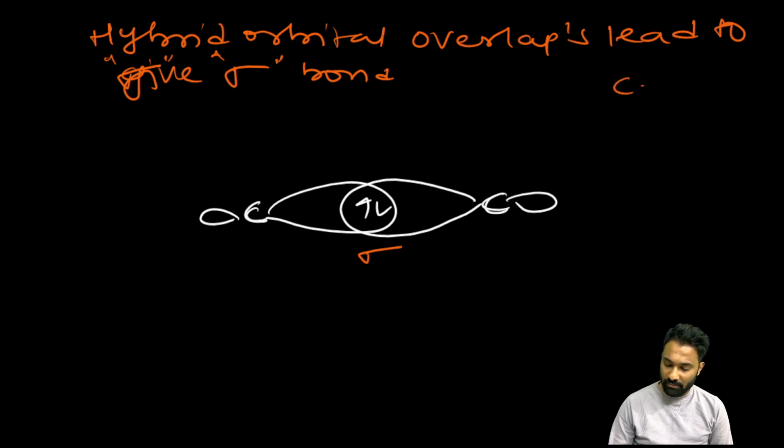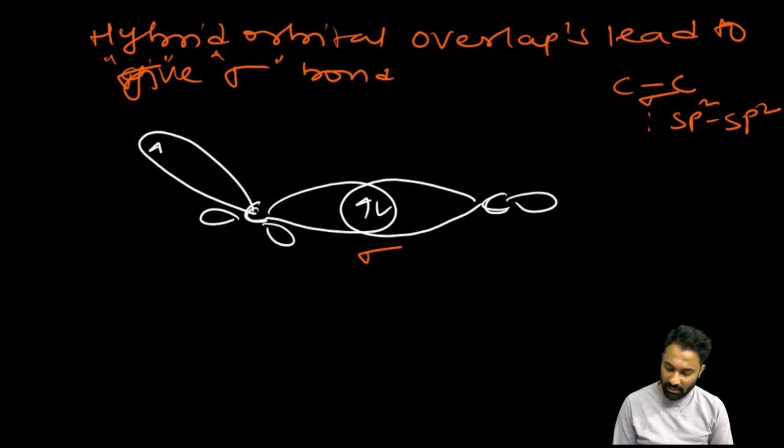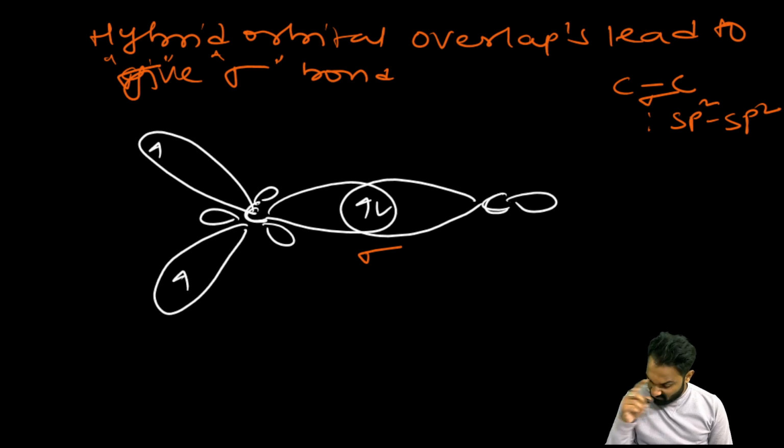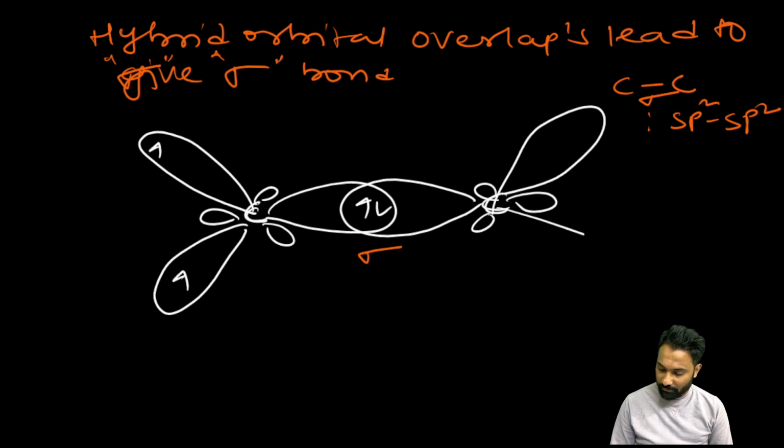So this carbon-carbon sigma bond is formed by the overlapping of sp2 orbitals. The remaining two will be in this manner. They are arranged at a bond angle of how much? 120 degrees. At 120 degrees, when they are arranged, they are free from repulsion.